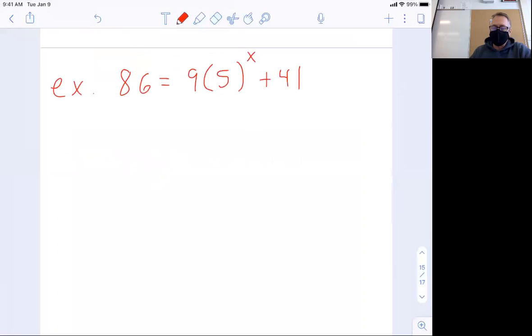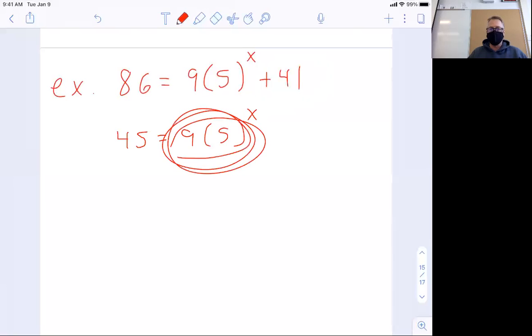Got to get the x by itself. So the first thing I'm going to do is subtract the 41 over. So 86 minus 41, we get what? 45, right? 45 equals 9 times 5 to the x. Now, do not do this. Don't multiply those, okay?